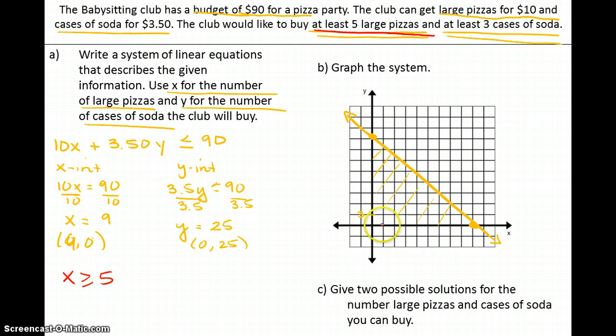This will be a horizontal line at 5. Just kidding, it's a vertical line at 5. And it is solid. I want the area that's greater than that, so I would shade to the right.